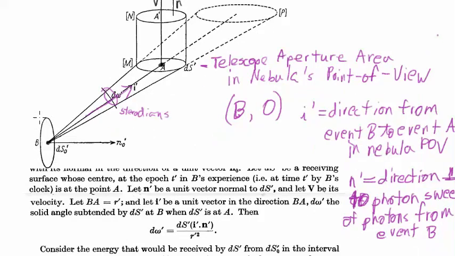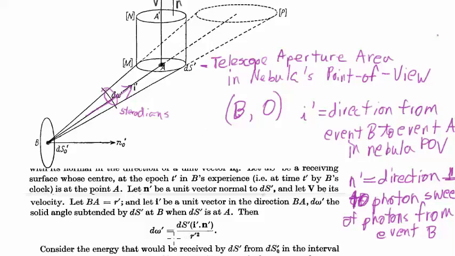So, from the perspective of the nebula, the region through which light from this event can go through that will strike the surface of the telescope is d omega prime.